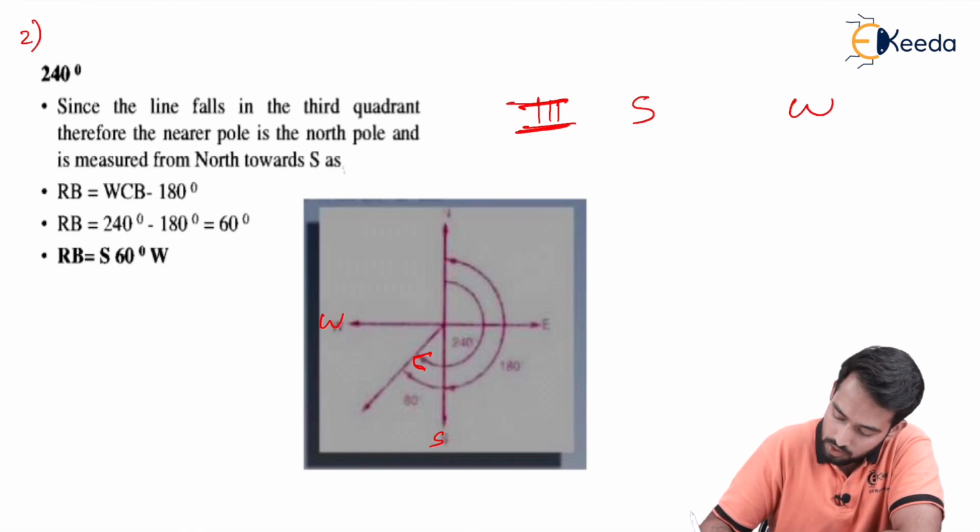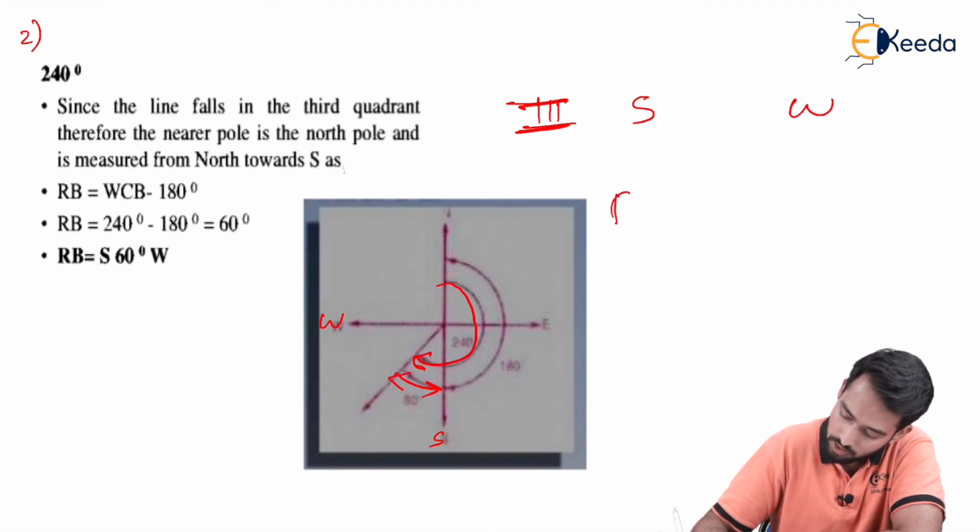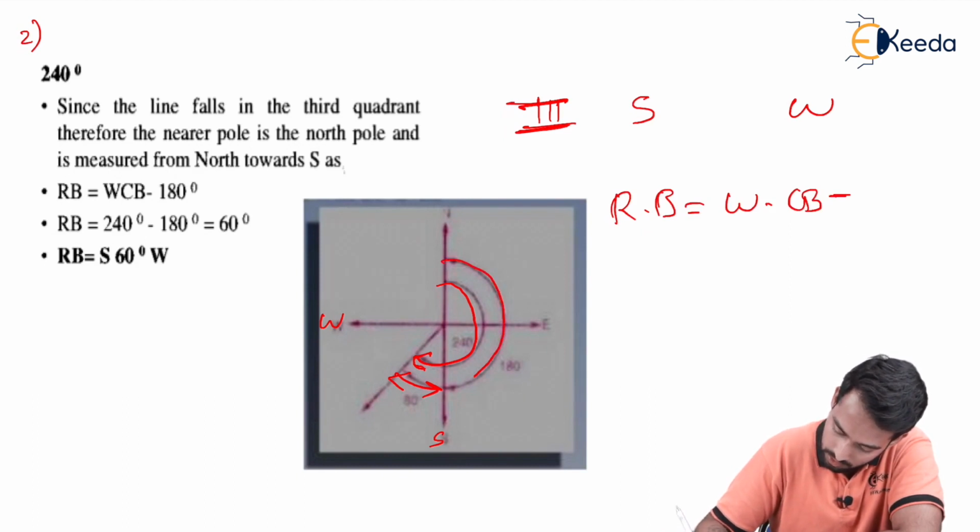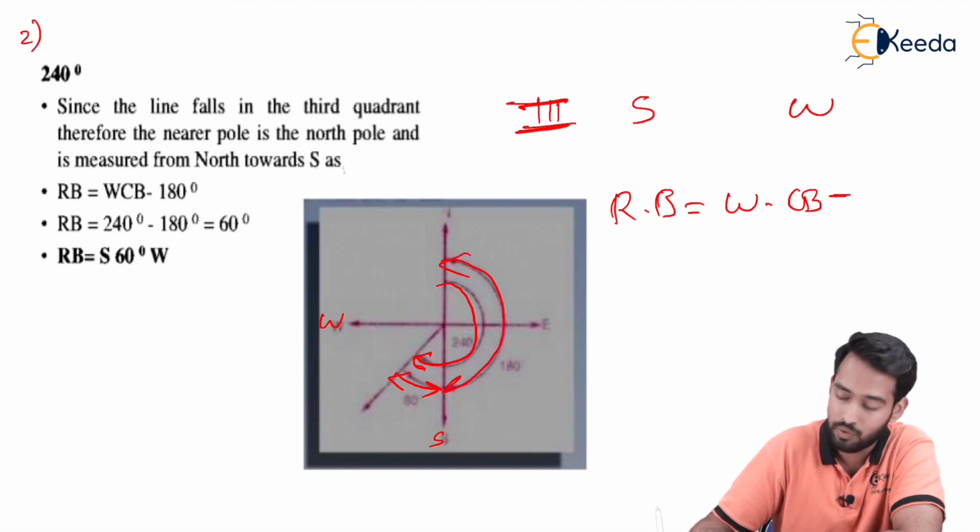Now whole circle bearing is given. Whole circle bearing total is 240 and we have to find out this angle, the southwest angle. How will you find it out? The RB is equal to WCB, the whole circle bearing, minus 180 degree.